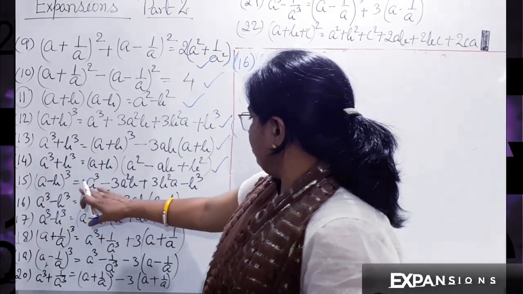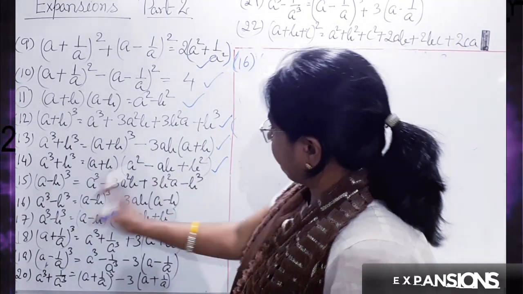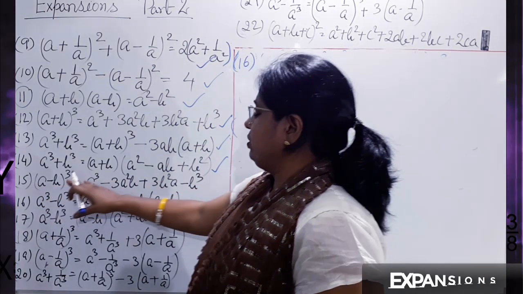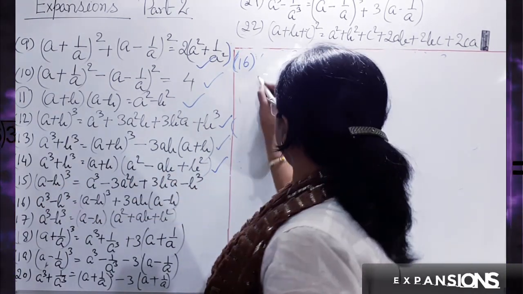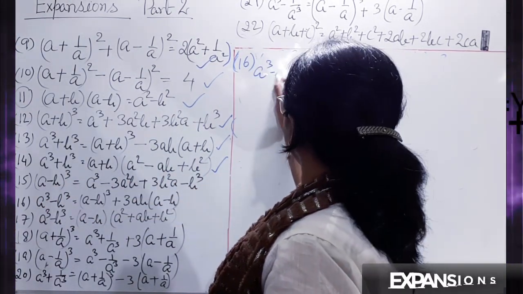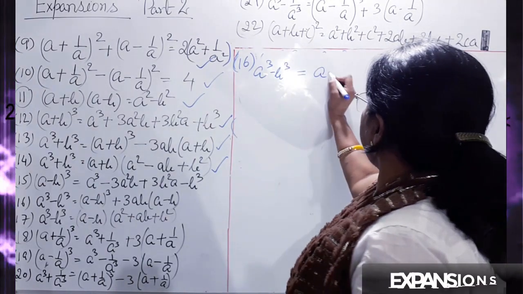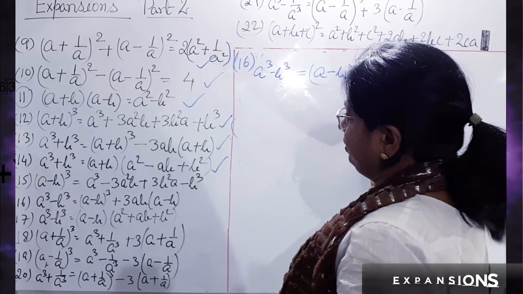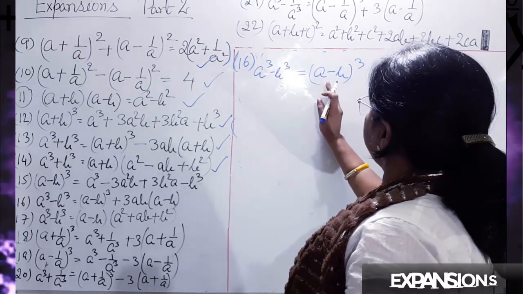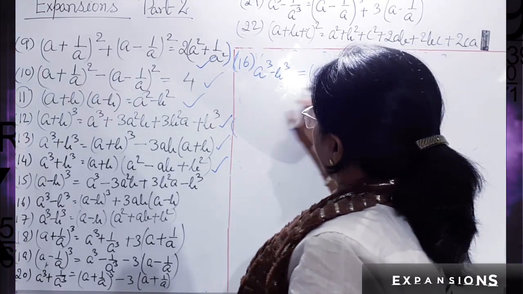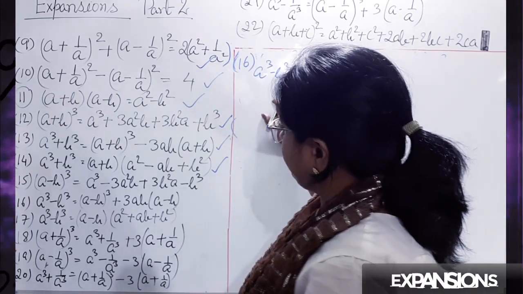Then take all this form in left side and a minus b cube in right side. Then a cube minus b cube in right side and a minus b whole cube is right side and a cube minus b cube in left side.